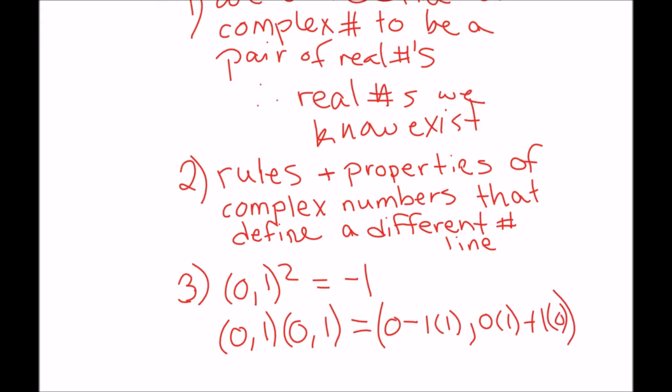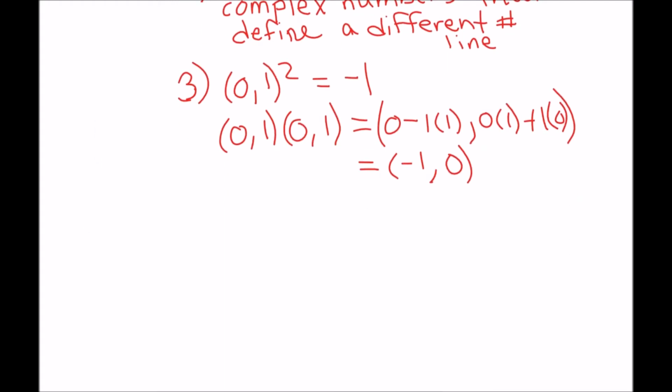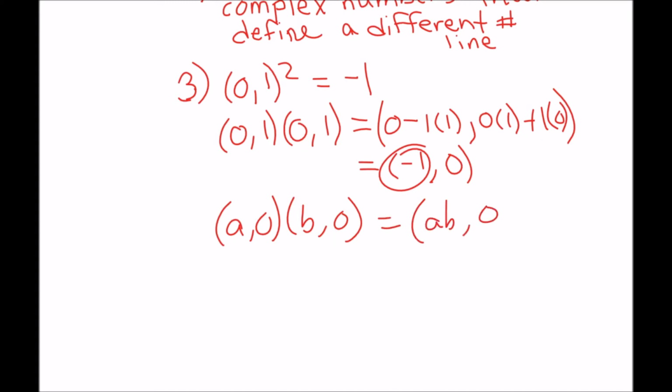And this whole thing equals (-1, 0). Basically, we know this is the answer. The zero is along for the ride, and we know that if we look at the proof (a, 0) times (b, 0) equals (ab, 0). So it behaves the same way as real numbers do.